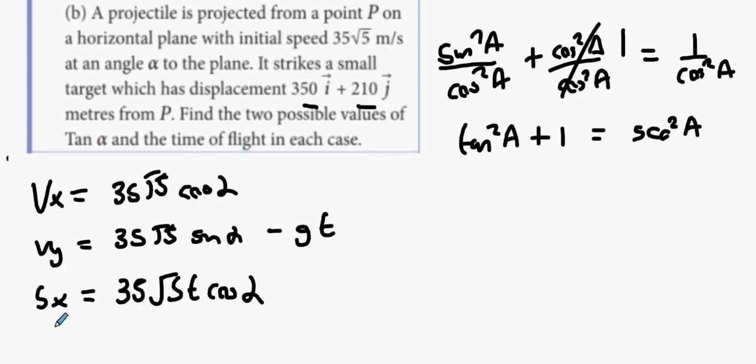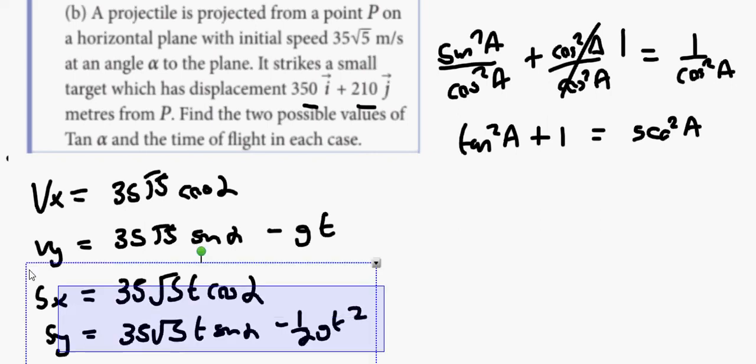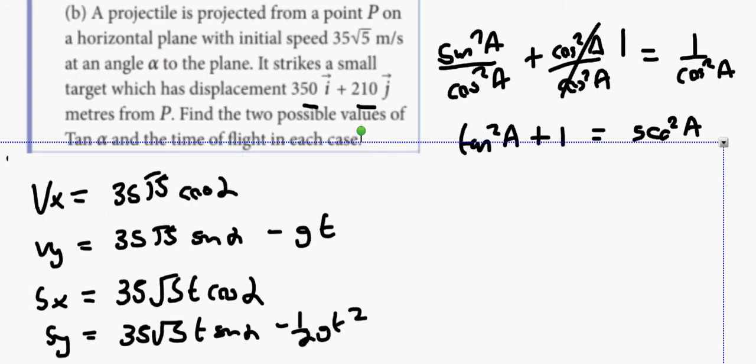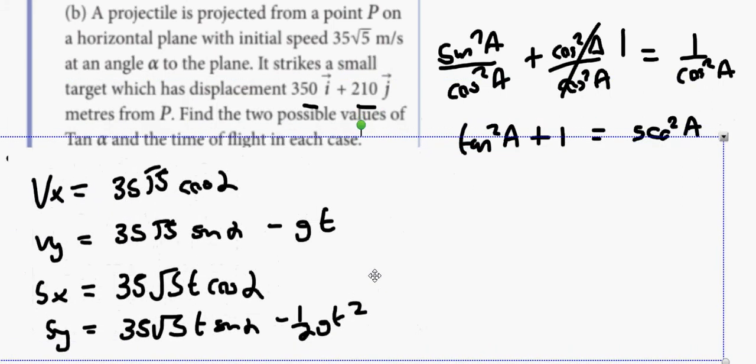Sy, 35 root 5 t sine alpha minus a half g t squared. Okay.